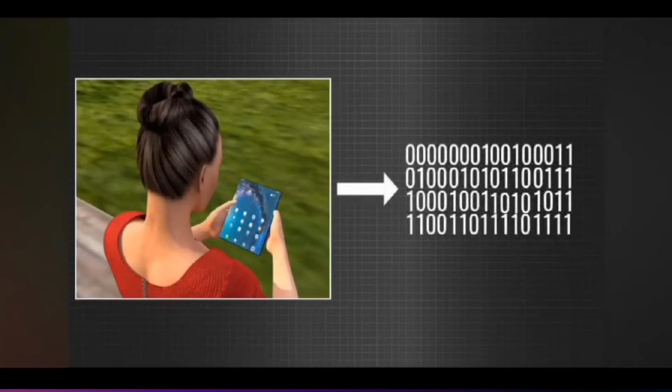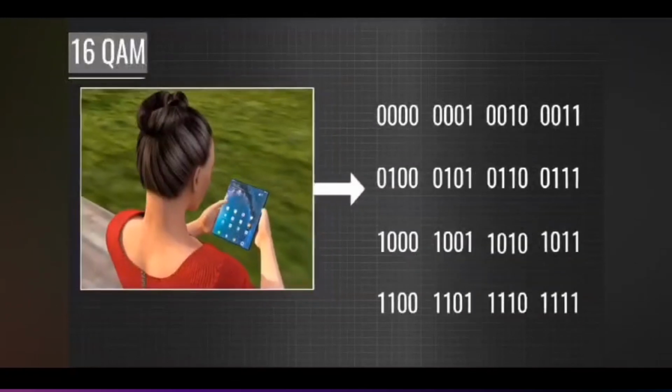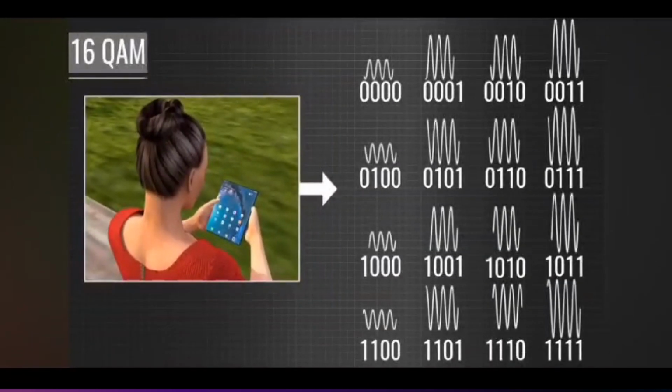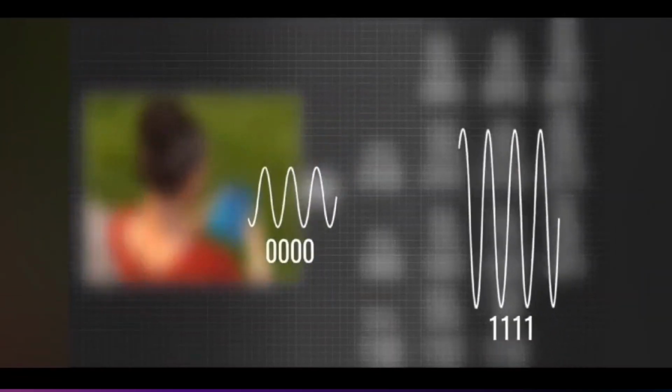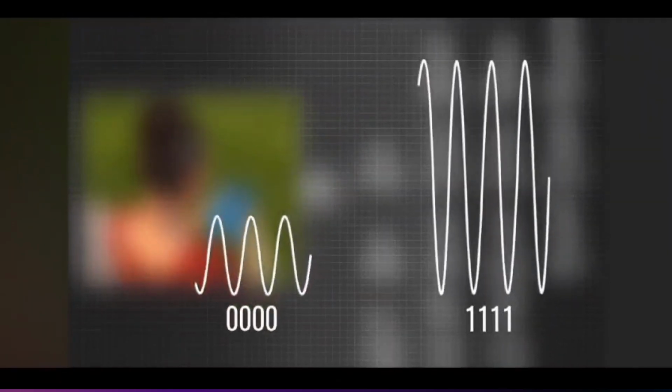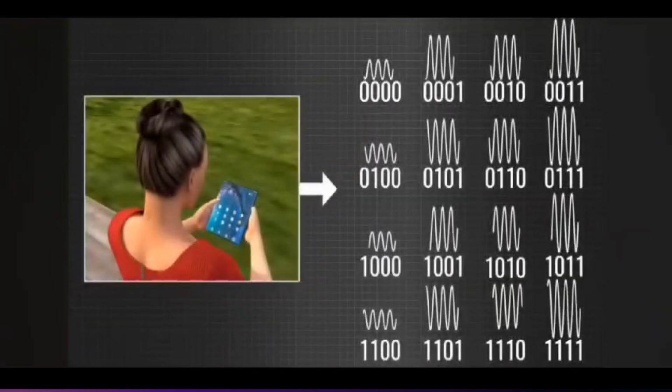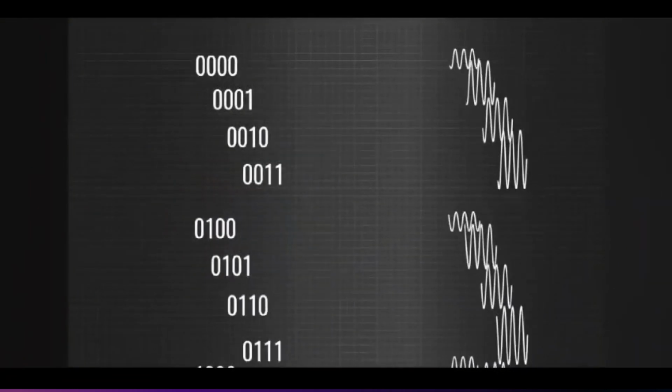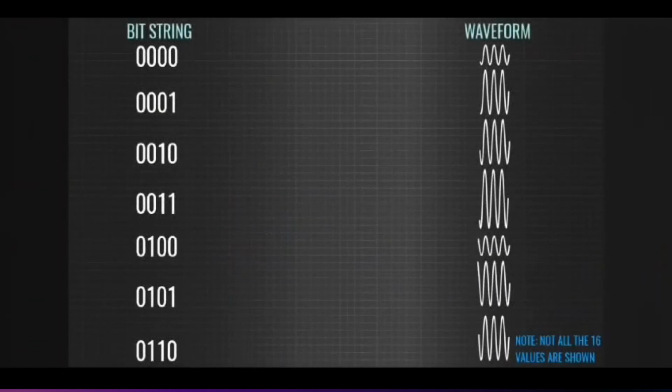In 16 QAM, we can pack 4 bits together and send them as a single electromagnetic wave. Based on the value of the 4 bits, this will have different phase angles and amplitudes. This means the phase angle and amplitude of the multiplex signal can completely represent 4 bits of data. In 16 QAM, such 16 bit values can be represented by adjusting the phase and amplitude of the multiplex signal.